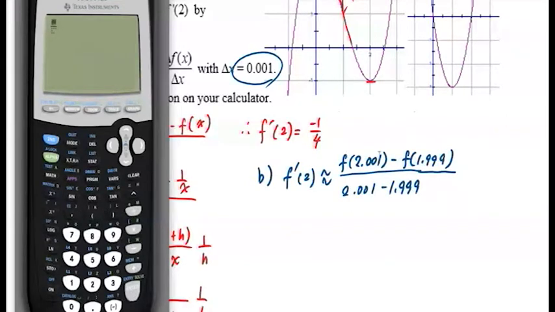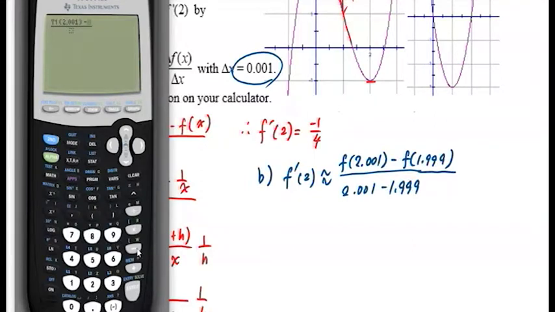I want to enter this function notation exactly the way you see it. So how do we do that? Alpha again. Alpha is a very handy key. And then trace. Then, there's your y1. Bang. You know what I'm saying? Then open parenthesis 2.001 close parenthesis.